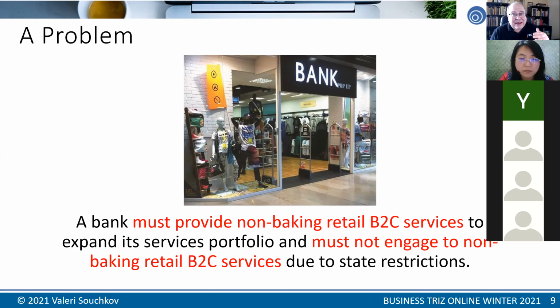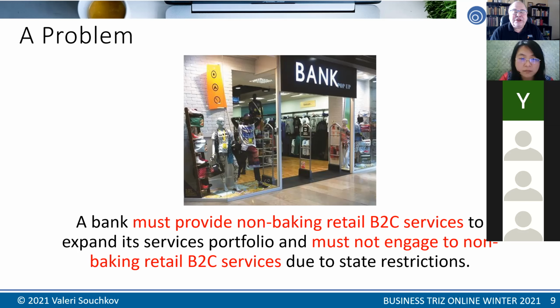The bank gives a loan to the customer, and the customer uses this loan to purchase a TV set and pays back the loan to the bank. So in this way, the customer doesn't pay for the TV set, but pays his loan back. I hope you get the idea. So again, everything is absolutely legal.